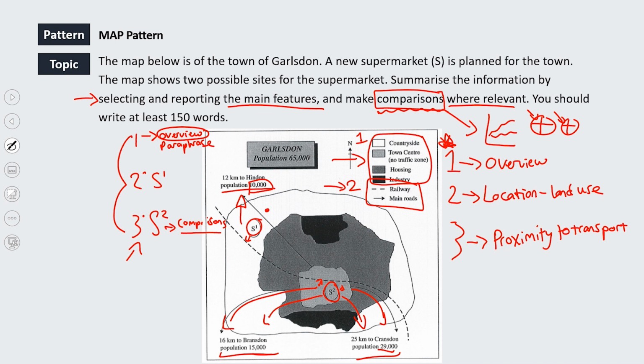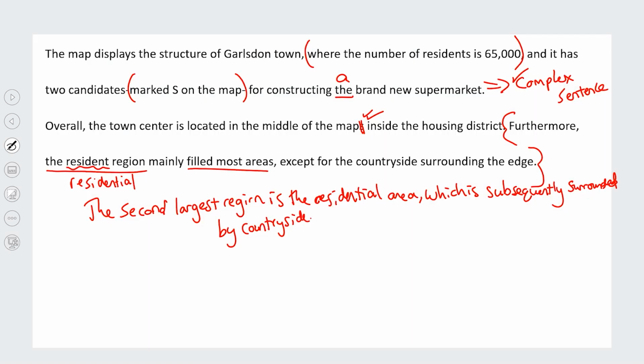One is located in the central town area, in the middle of the town center, close to a railway in the center of the map, while the second, S1, is located in the northeast of the map in the underdeveloped countryside area. That's how I would have liked to have seen the comparison, because it's more relevant to talking about these supermarkets than describing it like it's a painting.